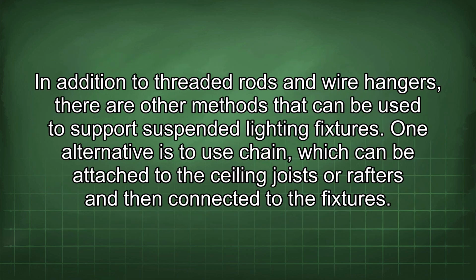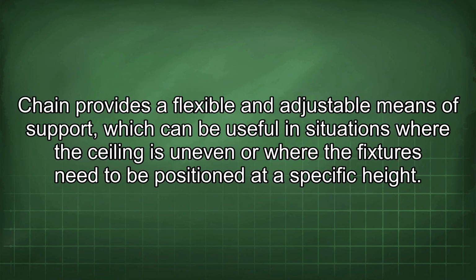In addition to threaded rods and wire hangers, there are other methods that can be used to support suspended lighting fixtures. One alternative is to use chain, which can be attached to the ceiling joists or rafters and then connected to the fixtures. Chain provides a flexible and adjustable means of support, which can be useful in situations where the ceiling is uneven or where the fixtures need to be positioned at a specific height.